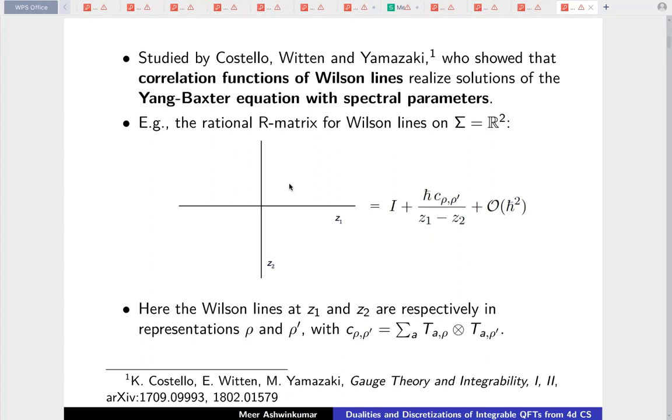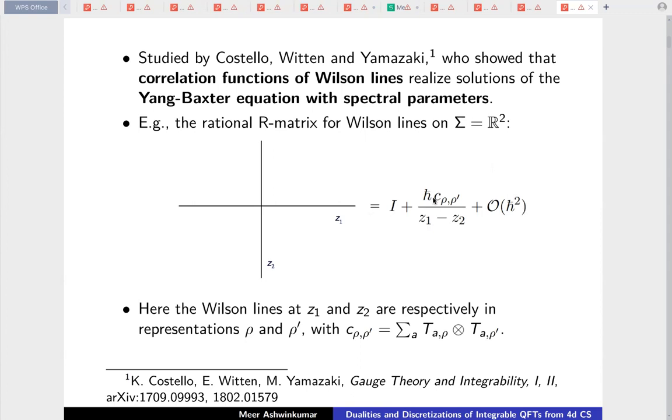So all I need to do is take two Wilson lines in 4D Chern-Simons theory. I put them along the topological surface sigma, and they are at distinct points on the spectral curve C, z1 and z2. And just by computing the propagator and finding the interaction between these two Wilson lines, I see that I can reproduce the known expression for the rational R matrix that can be found in the mathematical physics literature.